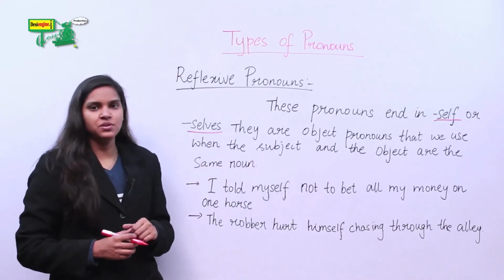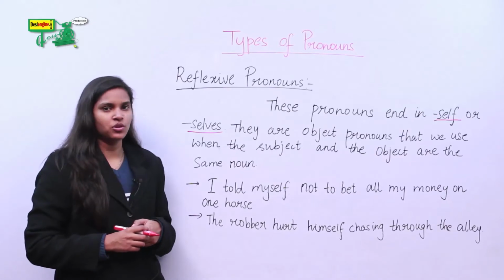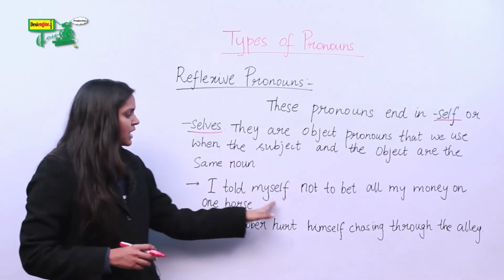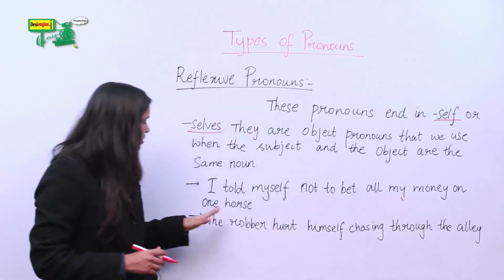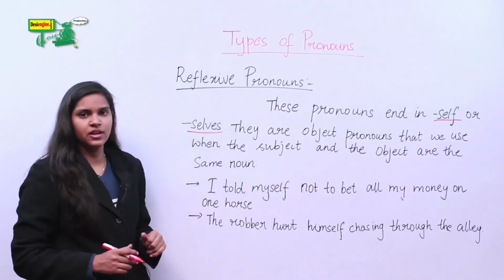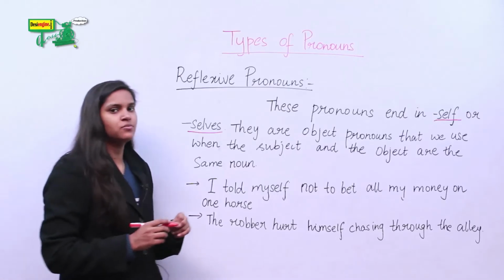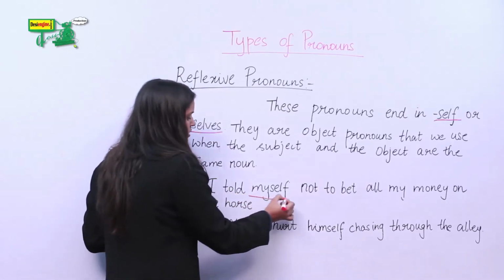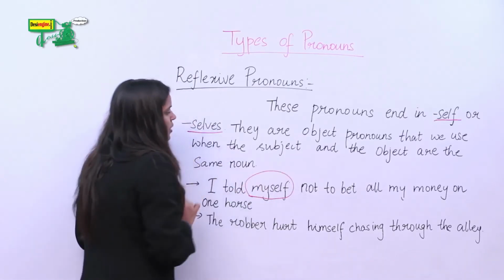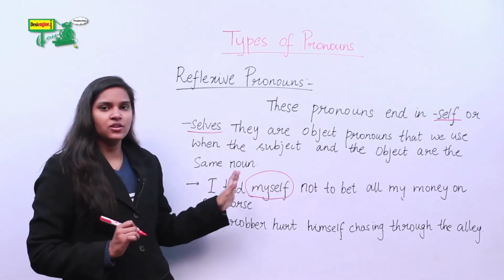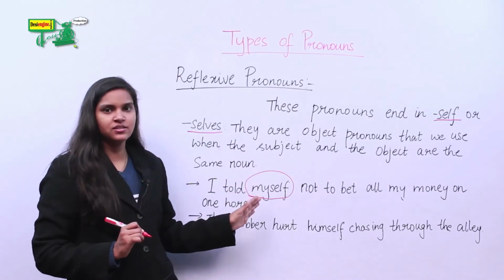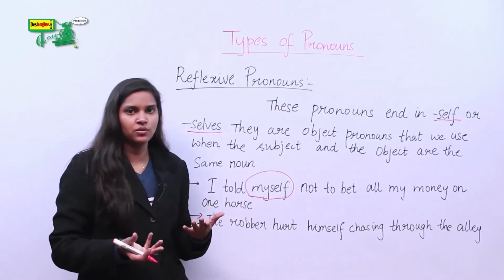Let's take an example and try to understand reflexive pronoun. I told myself not to bet all my money on one horse. Here, our reflexive pronoun is myself, because the subject and the object in this sentence are referring to the same noun.